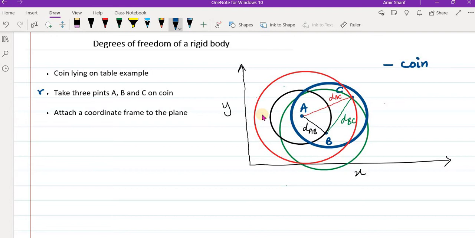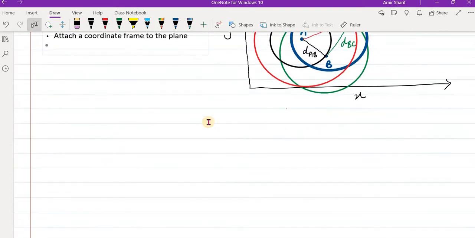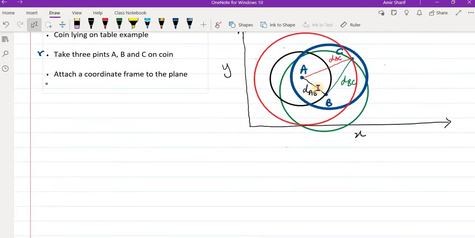Okay, and the other colors represent the circles with the corresponding radius or the distance that is given here, DAB, DBC, DAC. So if we want to, let's say, calculate the distance between these points, we can use the formula like this.